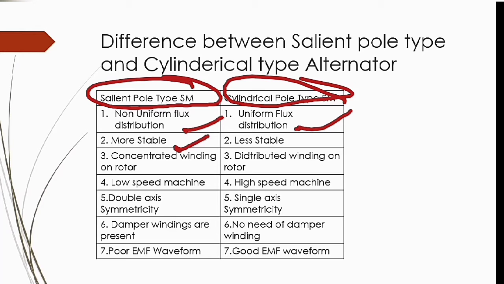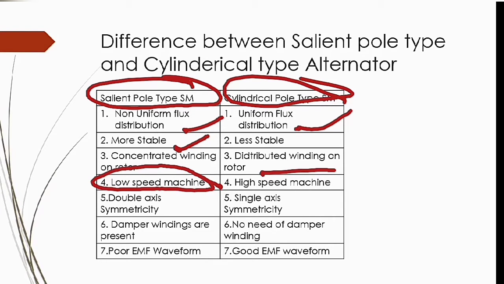The third difference is that in the salient pole type synchronous machine there is a concentrated winding on the field side, or we can say on the field winding we have a concentrated winding. In the cylindrical pole type synchronous machine there is a distributed winding on the rotor. The fourth one is the difference of low speed machine.